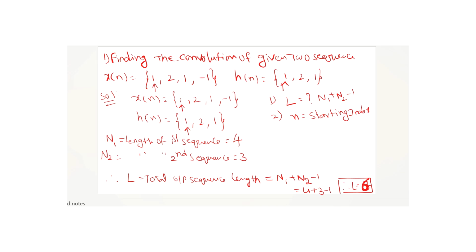So these two values, that is the length of the output sequence as well as the starting index value, all depend on the given two input sequences. Similarly, the next step is we have to find n. So n is equal to small n1 plus small n2. So n1 is the starting index for the first sequence and n2 is the starting index for the second sequence.